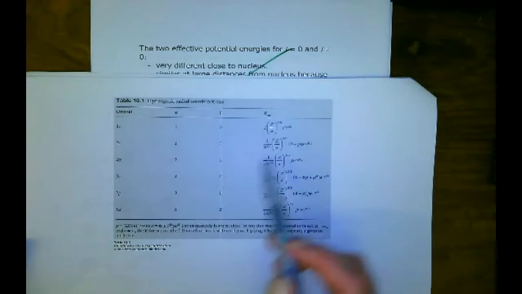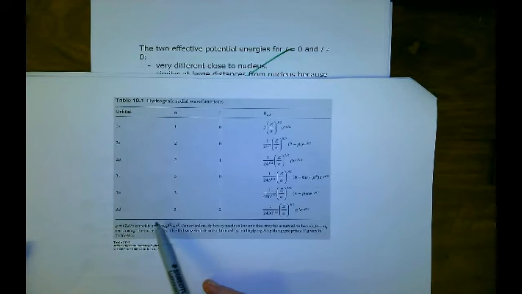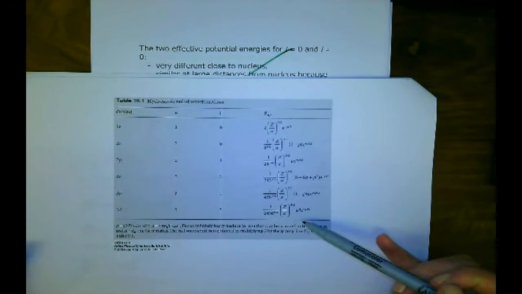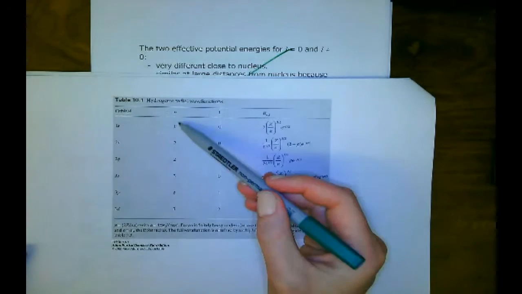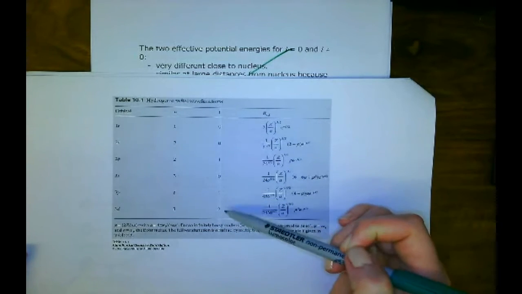And you will notice the symbol rho, and then here at the bottom it tells you what rho is and what A is. So you don't have to memorize any of these equations, they are given in the data sheet for a specific value of n and for a specific value of L.